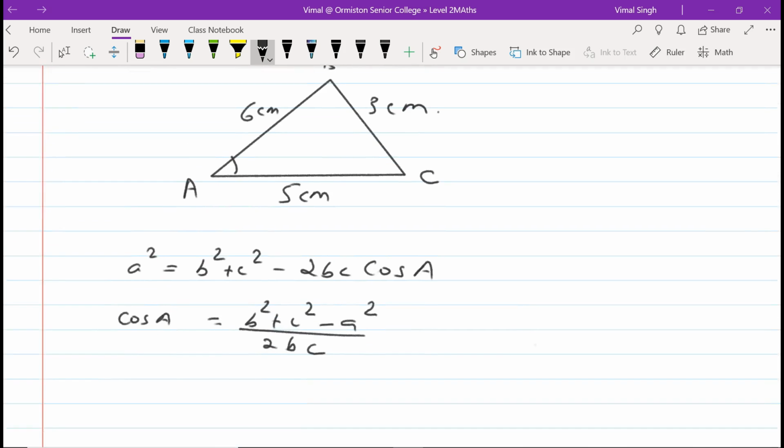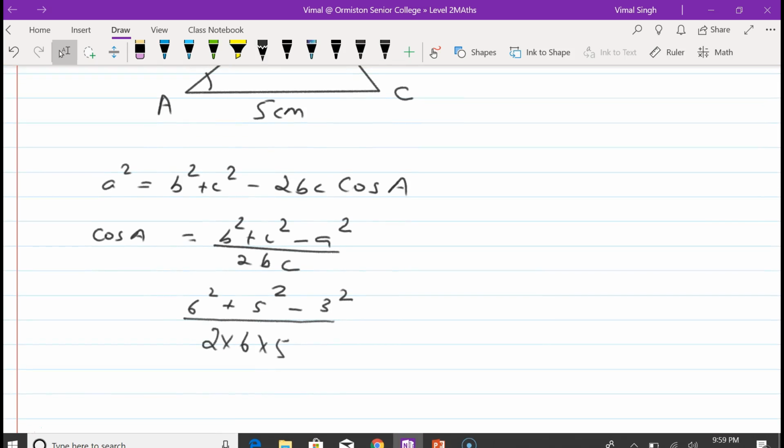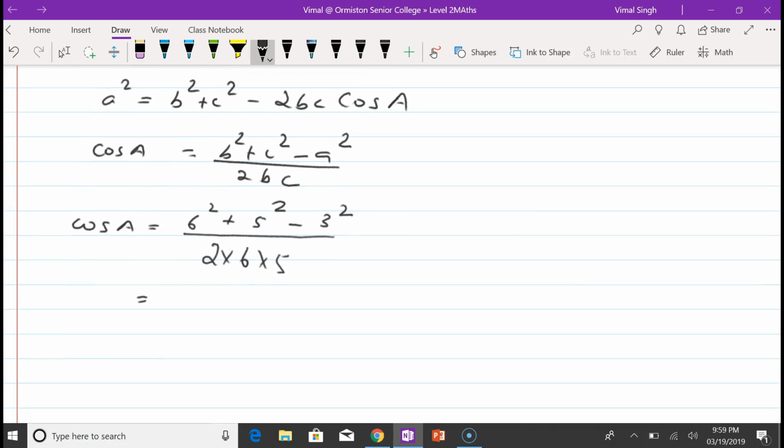If I substitute the values in here, I have 6 squared plus 5 squared minus 3 squared divided by 2 times 6 times 5, and that is equal to cos of angle A. So that's going to be 6 squared is 36 plus 25 minus 9 divided by 60.